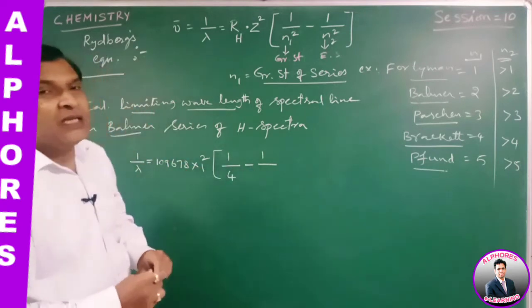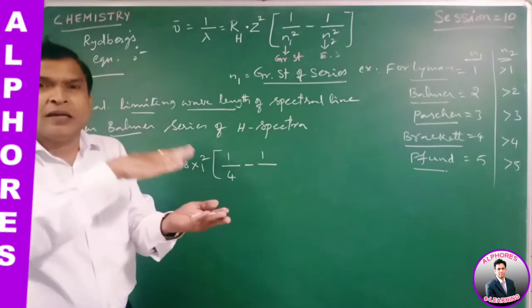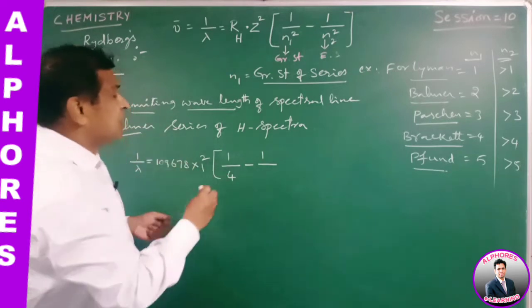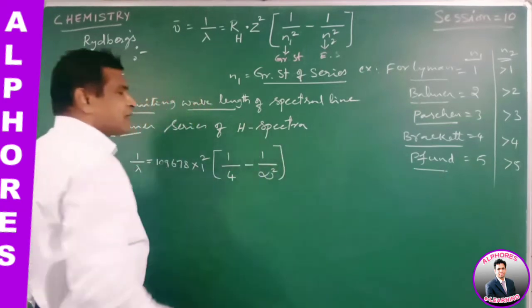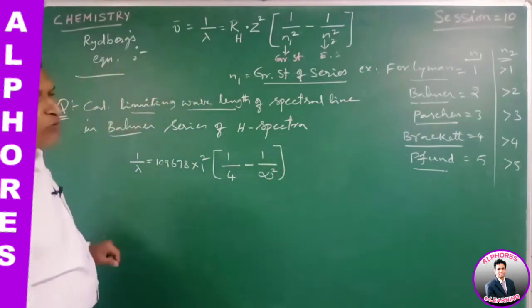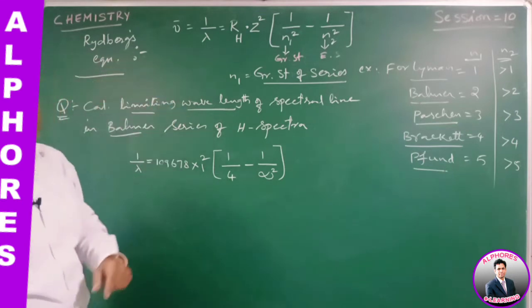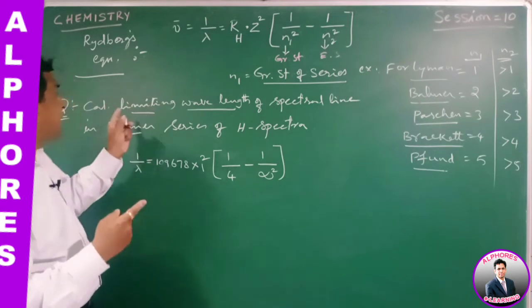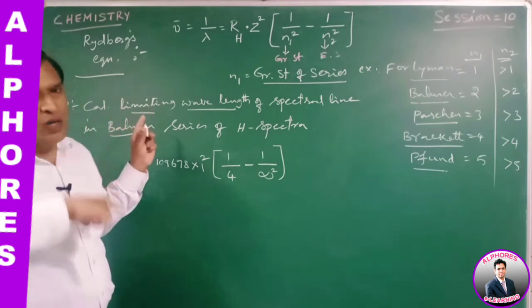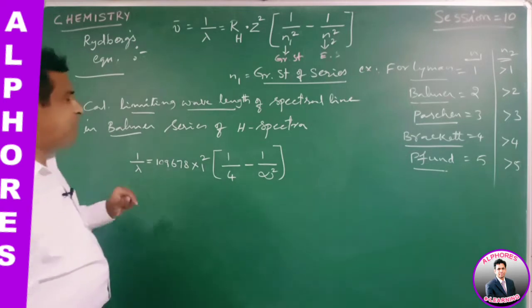Limiting means the electron is coming from infinite orbit to that particular ground state. That means the electron is coming from infinite orbit. So the concept you have to understand, when we find the word limiting, it means the electron is coming from infinite orbit. That is the data we have to substitute. So the calculation is easy.